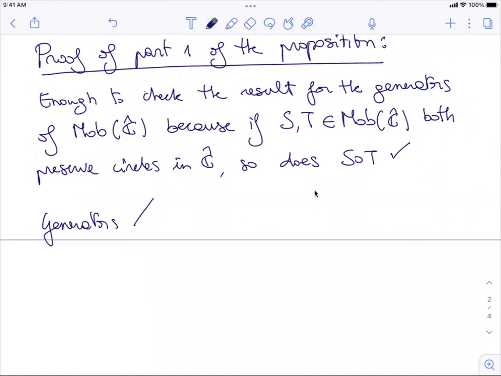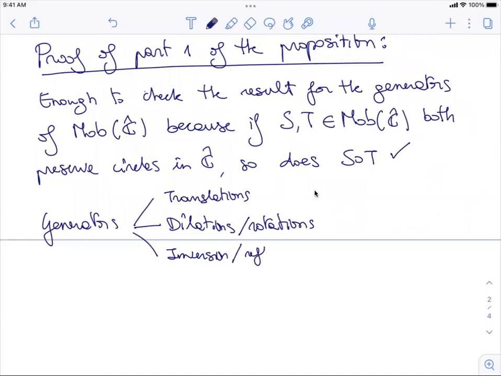are what? Are translations, dilations, well, dilations or rotations. Okay, these two come together, or inversion/reflection. Okay, so translations, Z gets mapped to, well, let's write it with W. W equals Z plus B, B a complex number.